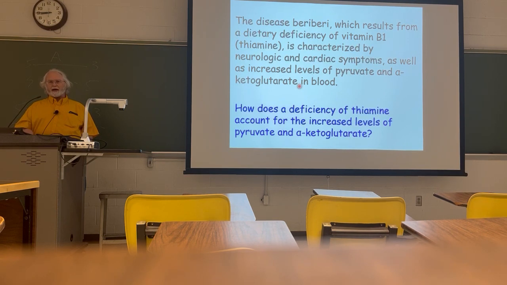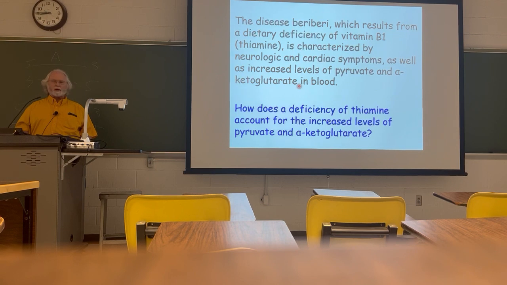So without that enzyme, alpha-ketoglutarate can't be metabolized, so it also accumulates in the blood. So this can be used as a blood test to determine that someone has beriberi. If they have high levels of pyruvate and alpha-ketoglutarate in their blood, it's because they're not able to metabolize them.